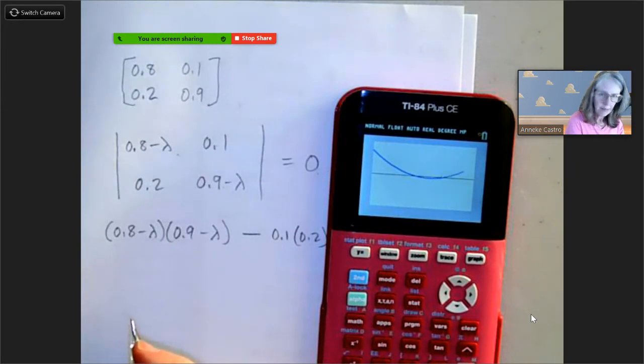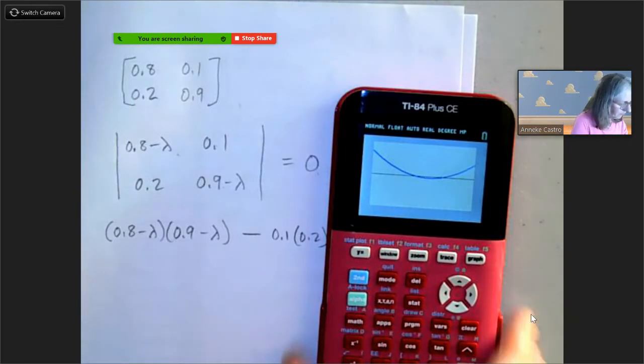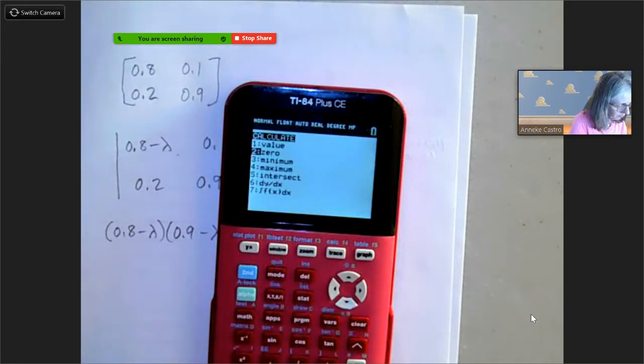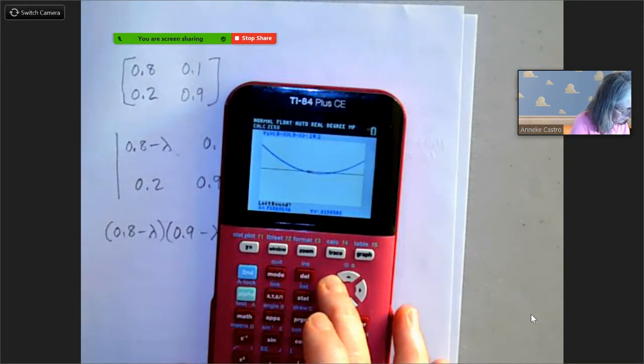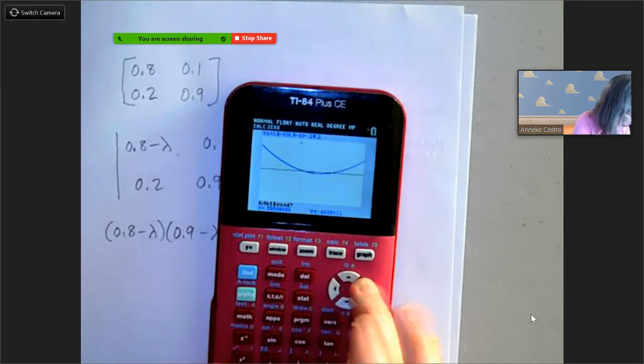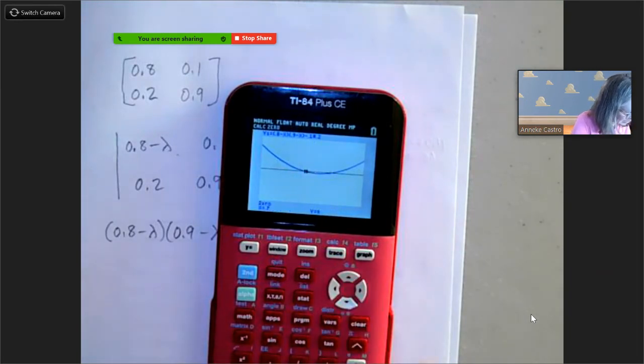Now, if I graph that, it should give me a parabola. There it is. And I need to find my x-intercepts. So I'm going to do second calc, find my zeros, left bound, right bound, guess. And it says x equals 0.7.